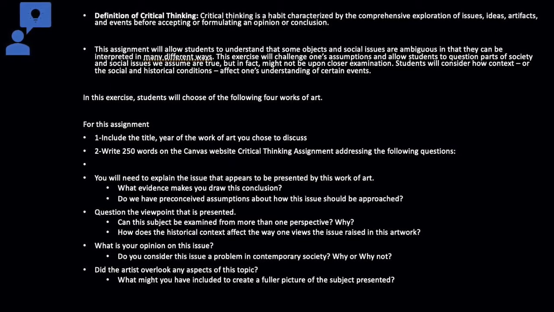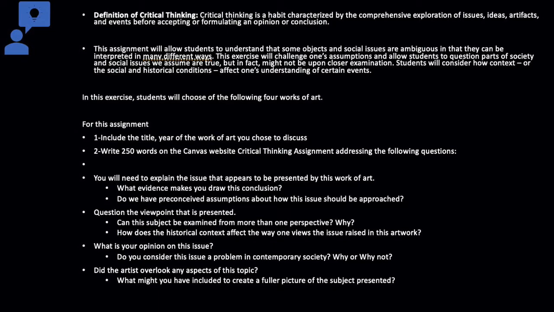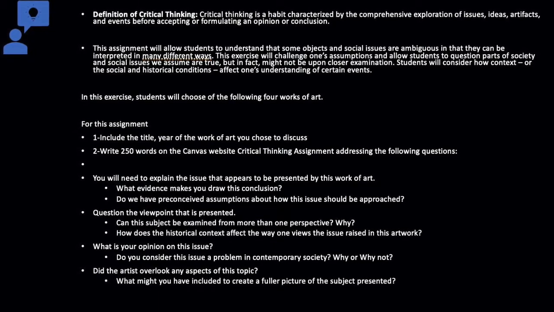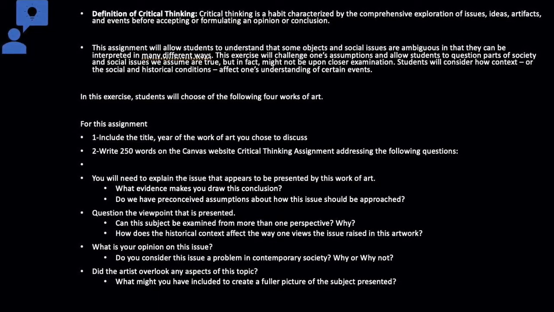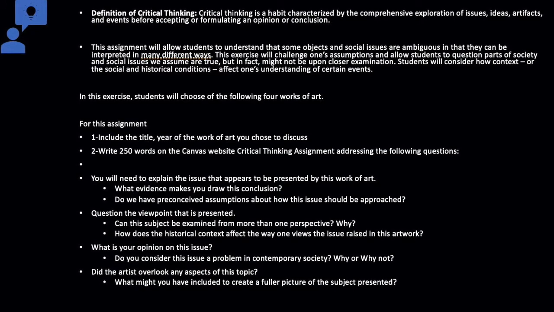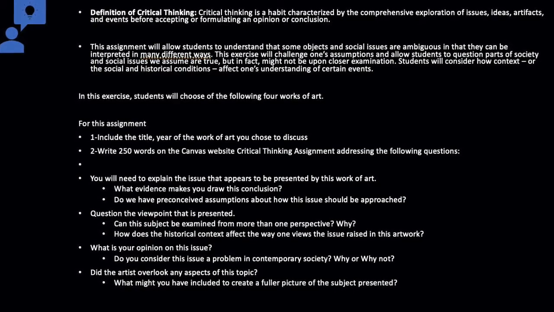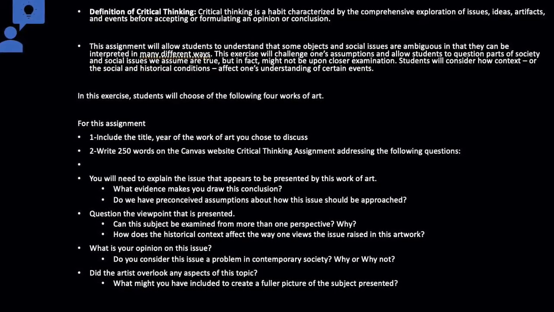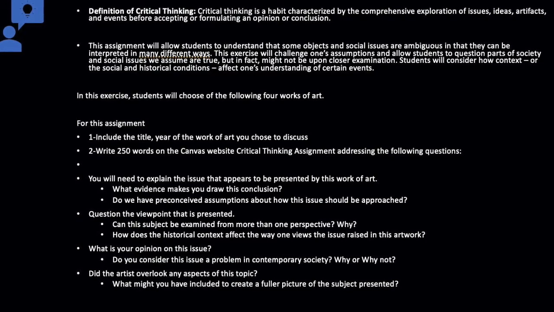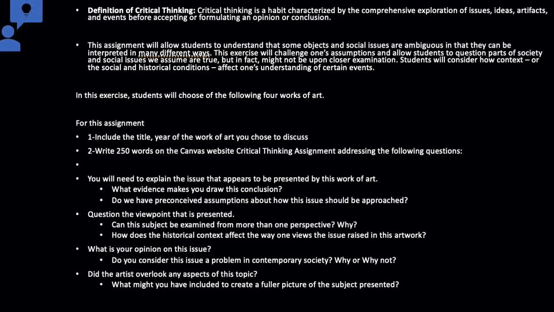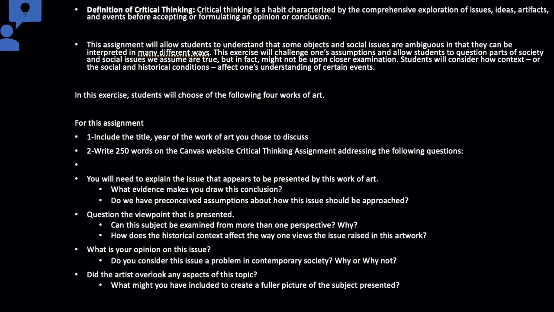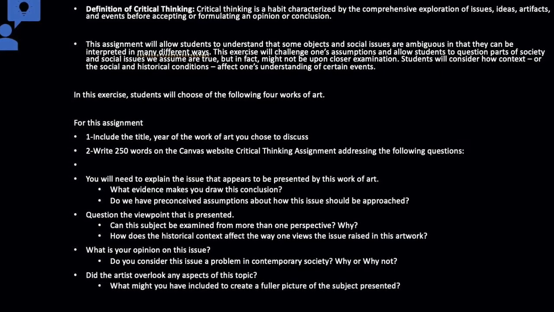In the critical thinking assignment, I have provided some images that you might want to discuss. You also have the option to choose an image that is not uploaded in the critical thinking assignment. However, this image has to be an artwork. It can be any type of artwork, whether it be a painting, a photograph, an installation.